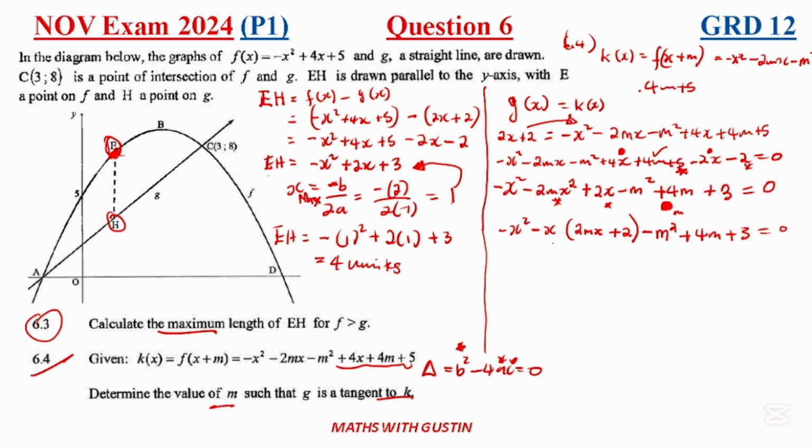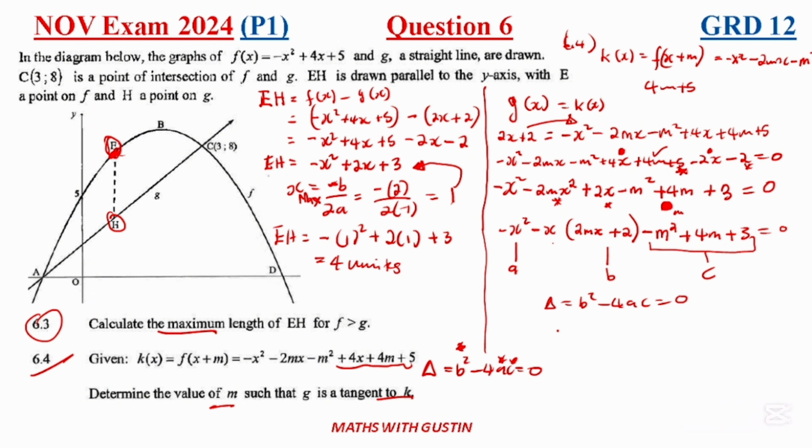So now if you have a look at this, this will be a, this will be b here, and then this whole thing here will be c. Now we can substitute into our discriminant, which will be equal to 0.